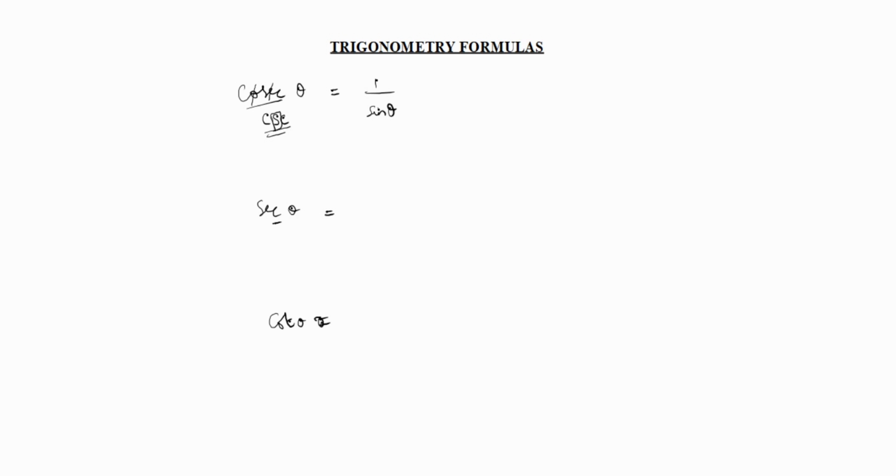Sec ends with C, right? So 1 by cos theta. Cot ends with T, right? So 1 by tan theta. This is the formula. So tan is sin theta by cos theta. It goes up, so cos theta by sin theta is called cot theta.